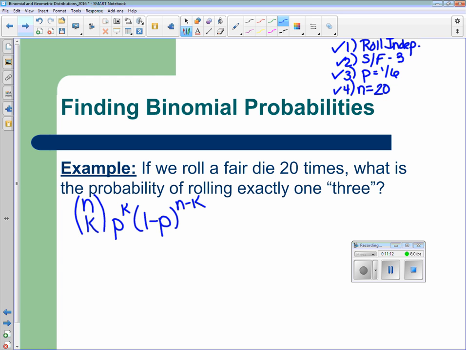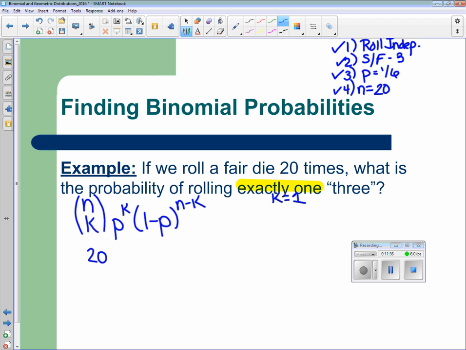What is n? 20, good. What is k? How many successes am I looking for? 1, exactly 1, right? So I'm looking for exactly 1. That tells me that k is equal to 1, okay?